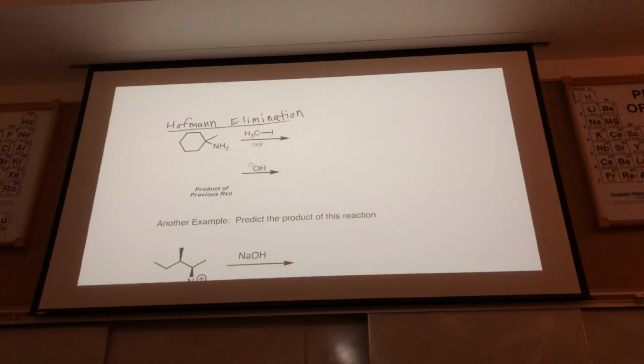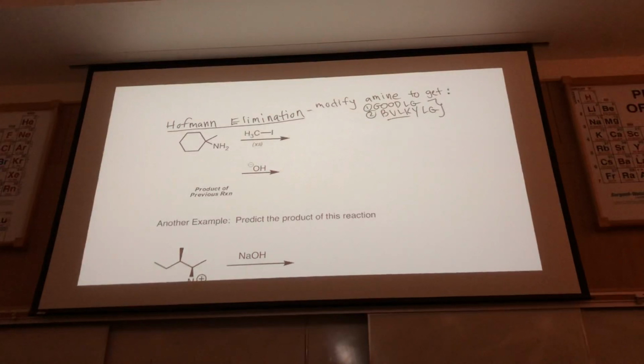Okay, Hoffman elimination is going to give us a Hoffman product by starting with an amine and making our substrate bulky with a bulky leaving group. So I'll write that out. So you modify the amine, remember an amine is a bad leaving group. So there's that issue too. So to get one, a good leaving group, and two, a bulky leaving group.